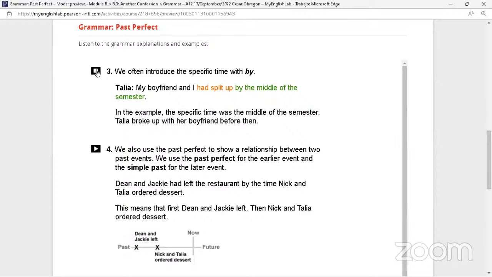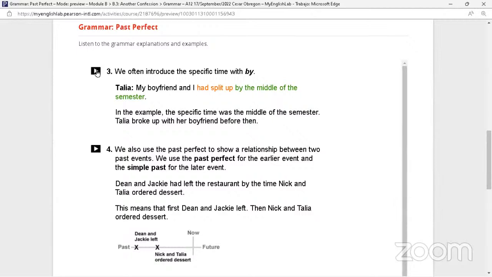Talia broke up with her boyfriend before then. Any questions here? No questions. Okay.